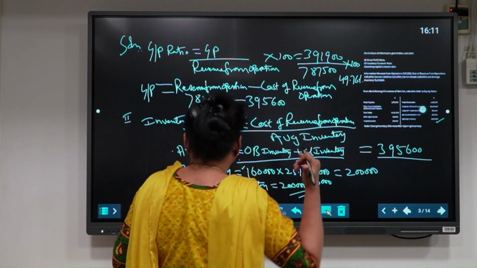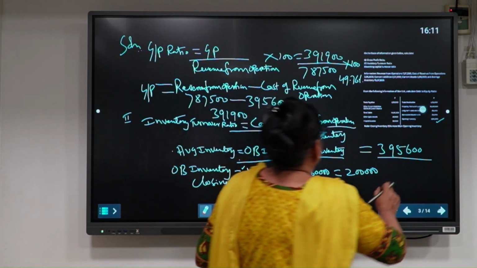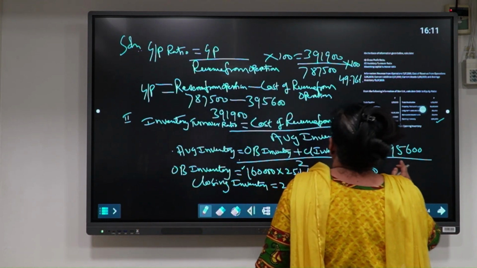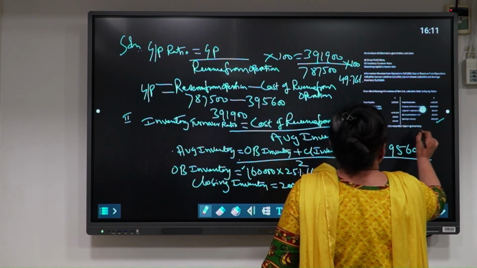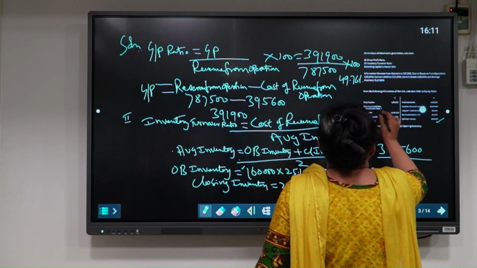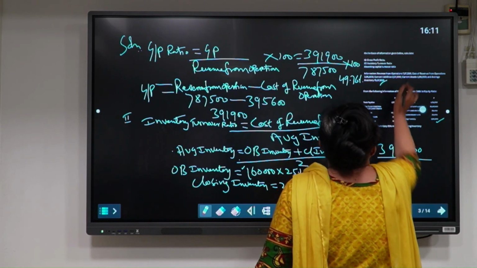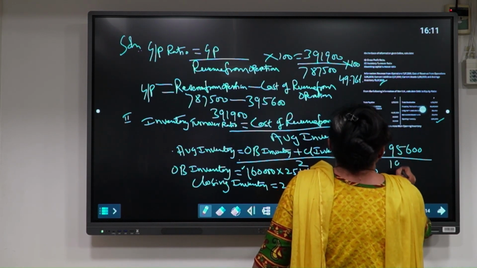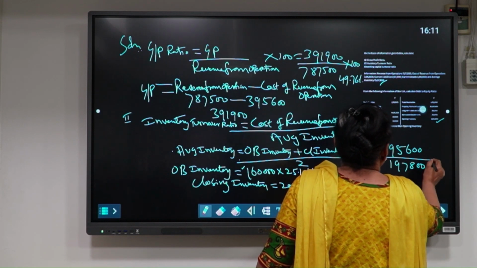We have found out the average because we require it somewhere else. Keep it: 3,95,600 divided by average inventory, which is given for us as 1,97,800.